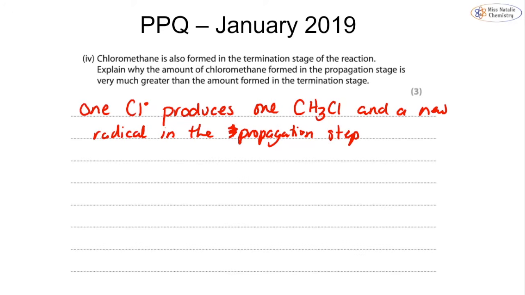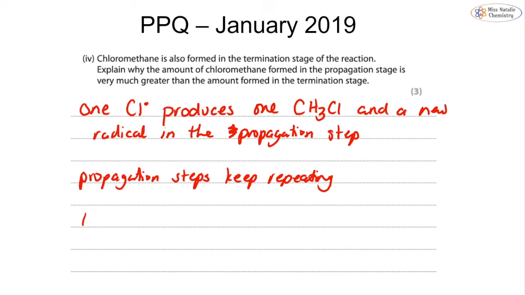So the fact that we're making this new radical, this means that the propagation steps keep repeating. So we're getting this constant repeating of the propagation steps, and that's going to then continue to form this chloromethane.